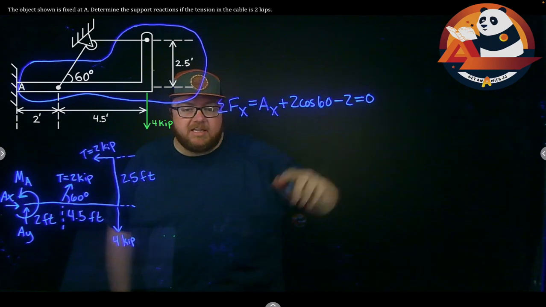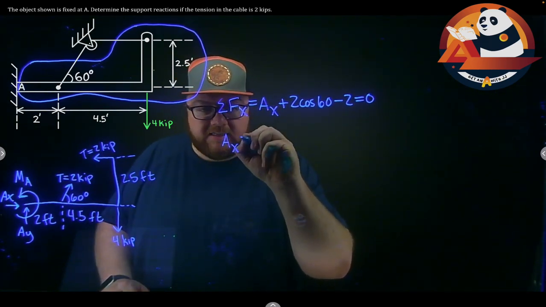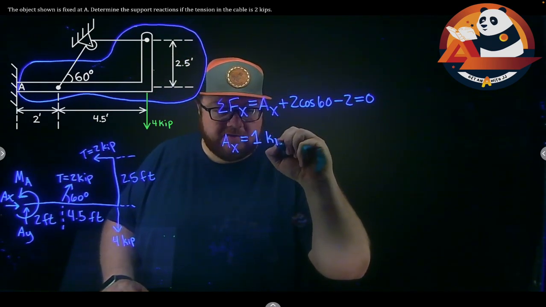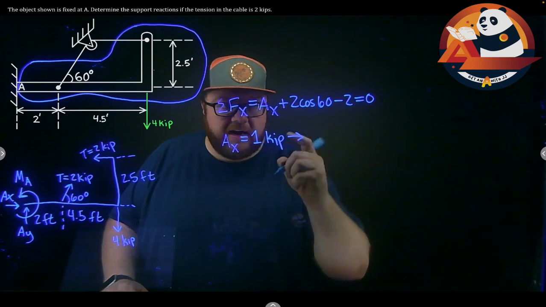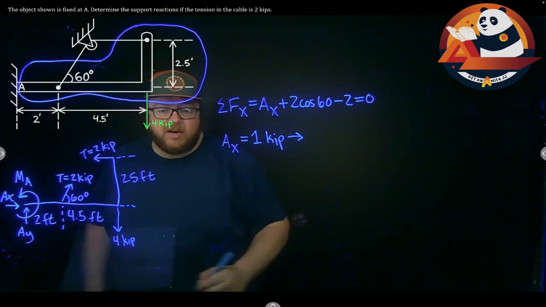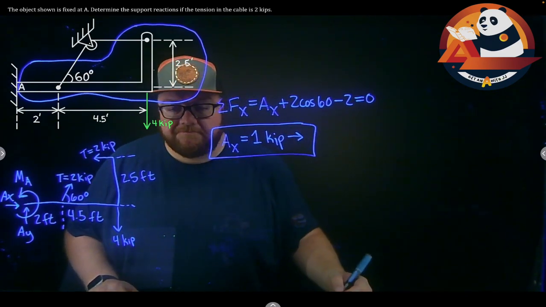I'm moving everything to the other side and solving for AX. I'm going to get that AX is 1 kip, and it's going to the right. I get a positive number out from this, so in my free body diagram, I assumed the correct direction. That will be my first answer.